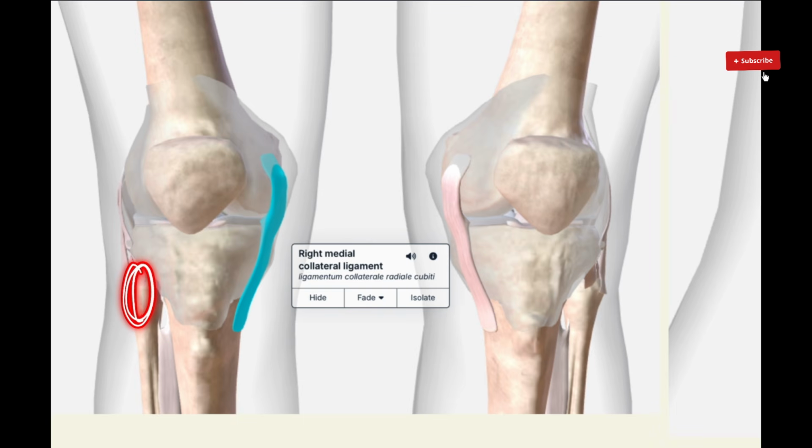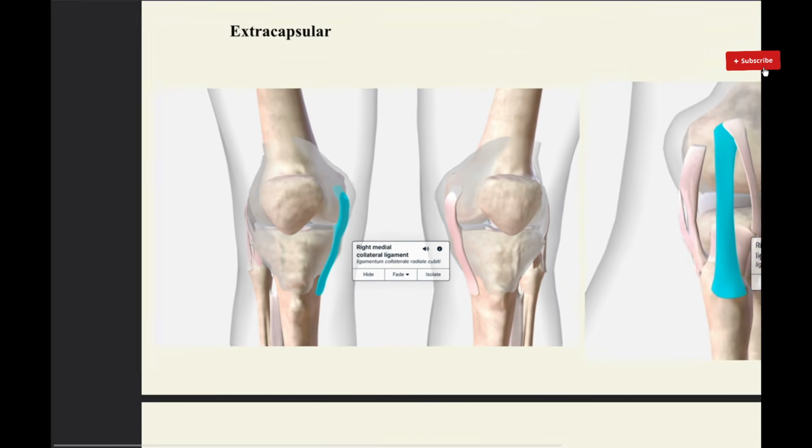As you can see, the fibula is present over here, so this is the lateral aspect of the knee joint. This ligament is your medial collateral ligament, starting from the medial condyle of the femur and attaching to the tibial surface. Similarly, on the other knee, this is your medial collateral ligament.